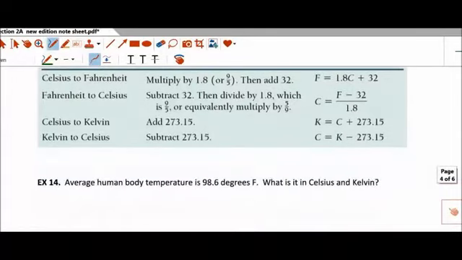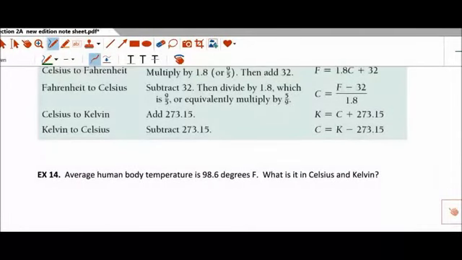So here is a situation. Normal human temperature is 98.6 degrees Fahrenheit. And I want to convert that to Celsius. So if I have a Fahrenheit and I want to convert it to Celsius, then what I'm going to do is take that Fahrenheit value, subtract 32, then divide by 1.8.